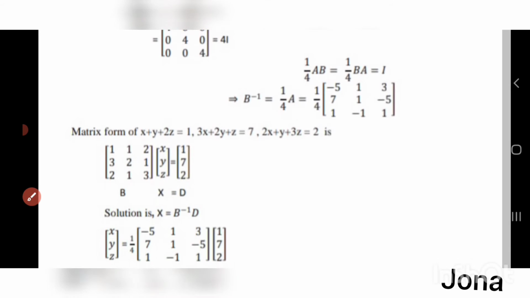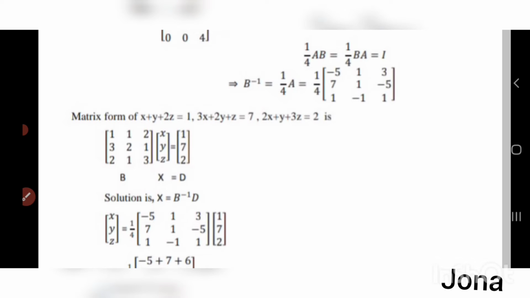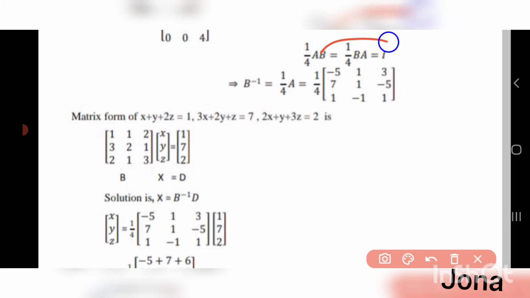If we take the first and the third one, that means 1 by 4 AB equals I, and so we have the value of B inverse as 1 by 4 A. So B inverse is nothing but 1 by 4 into this A here.